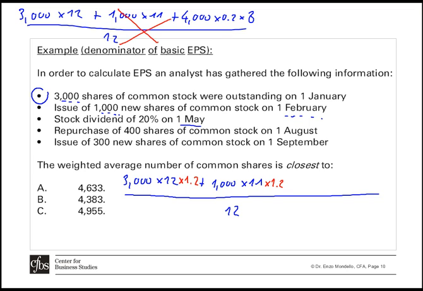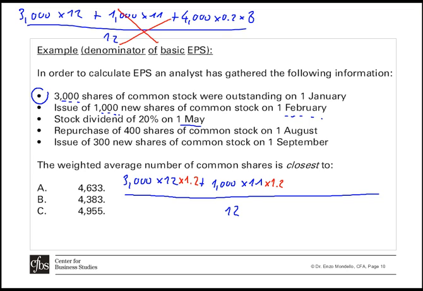If you are accounting for a stock dividend that takes place in the current year, right? So the 20% stock dividend applies in our example to the 3,000 common shares on 1st of January and the 1,000 common shares on 1st of February. And it's not fine with this 11 divided by 12 with this 1.2.